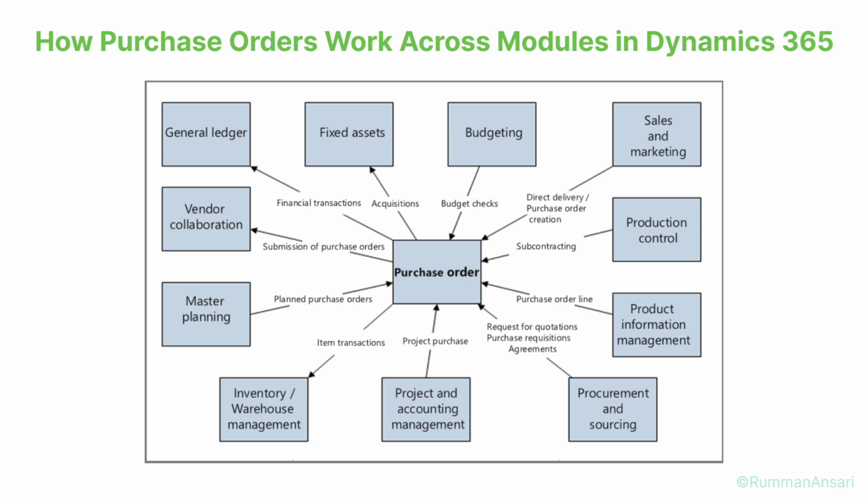Now we'll move to the next module, the last module that we'll discuss in this section, that is vendor collaboration for submission of the purchase order. Finally, the vendor receives the submitted purchase order, a formal request to deliver goods or services.